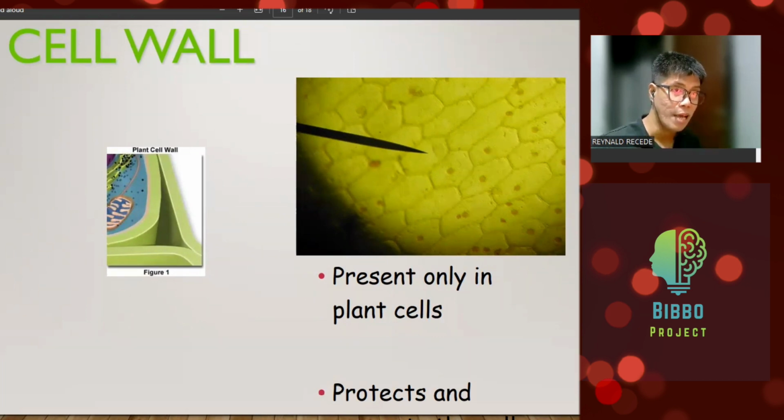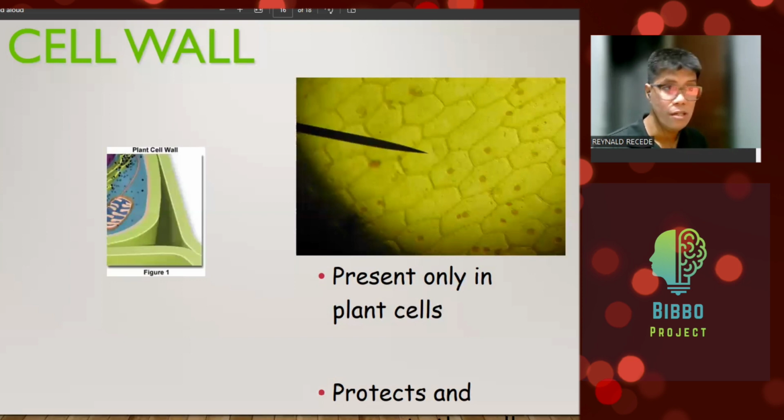Pagdating sa bacteria, ang composition ng cell wall ay peptidoglycan. Whereas fungus, it's chitin. What is different among the three types of cell wall are the sugar or carbohydrates that compose them.